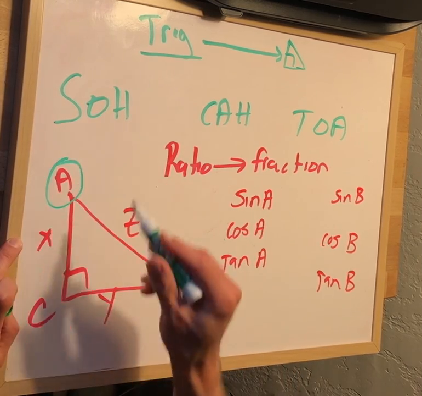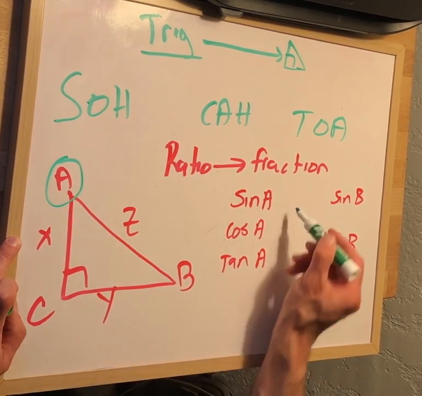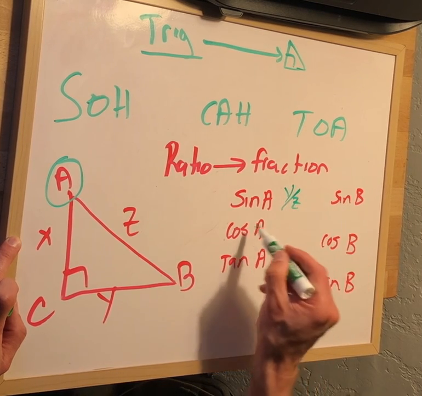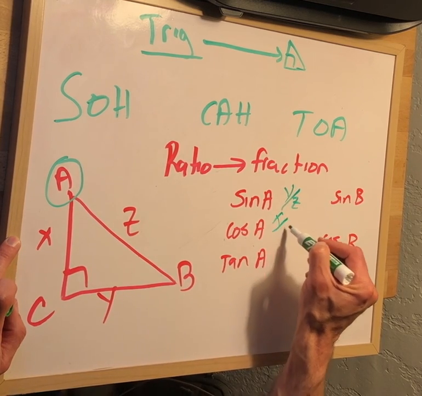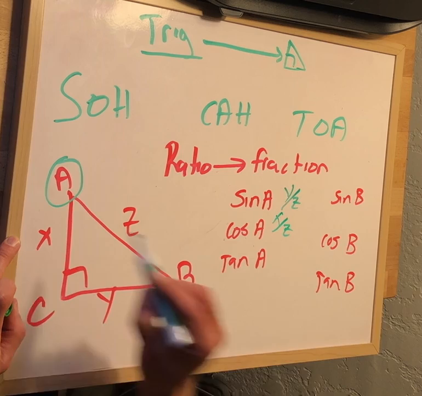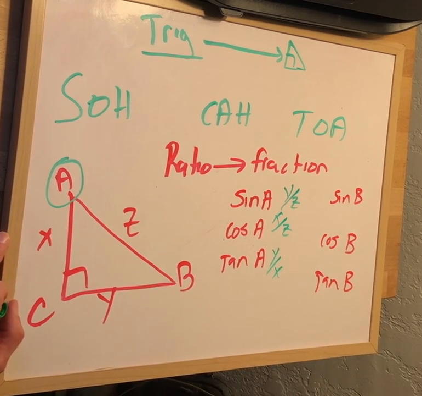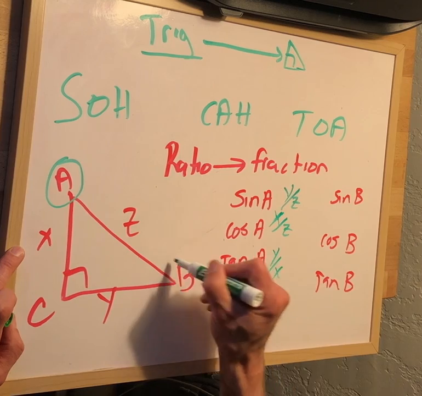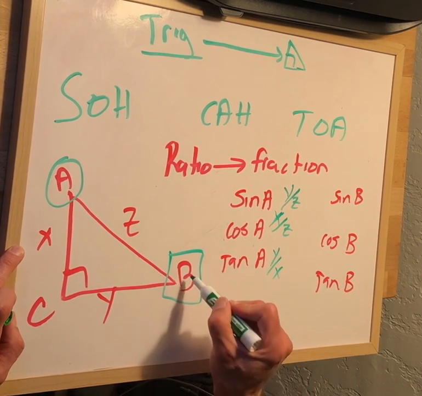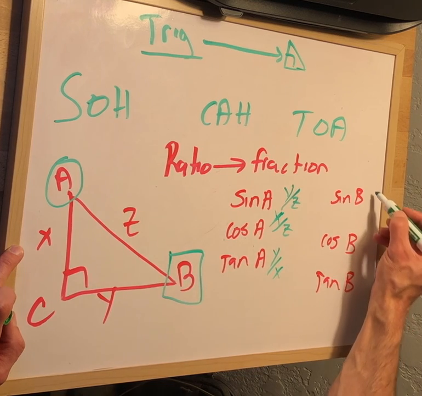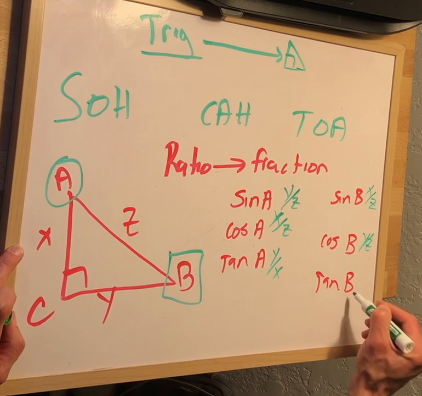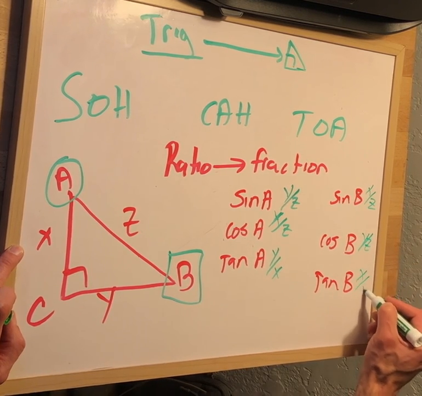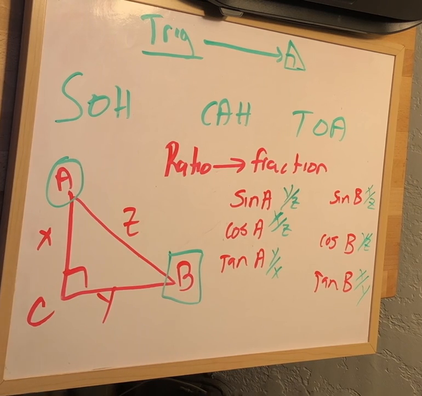Sine of angle A is, sine is opposite over hypotenuse, which would be Y over Z. Cosine is adjacent over hypotenuse, which is X over Z. Tangent is opposite over adjacent, Y over X. And then, if we're going from sine of B, sine, remember, once again, is opposite over hypotenuse, X over Z. Cosine is adjacent, which is Y over Z. And tangent is opposite over adjacent, which is X over Y. And then you just had to leave it as a super, super simple fraction, and that's it. Okay.